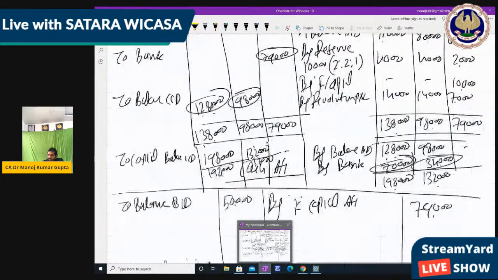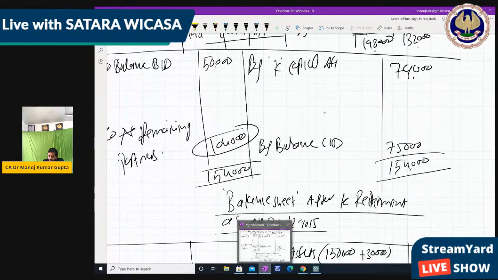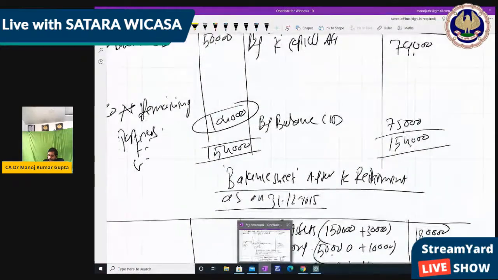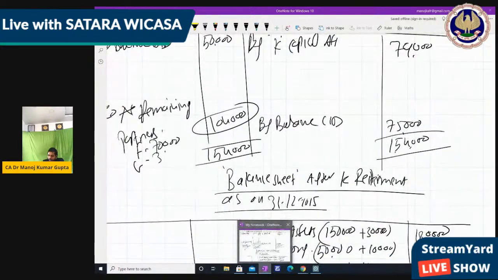So we can write in the cash account this bifurcation of 1,04,000: F will bring 70,000 and G will bring 34,000. Total must be 1,04,000 because the shortage is 1,04,000, but that shortage we had not distributed among partners.